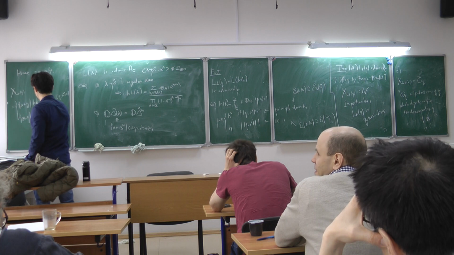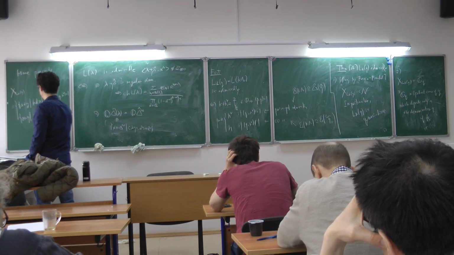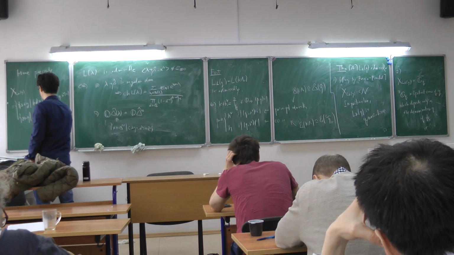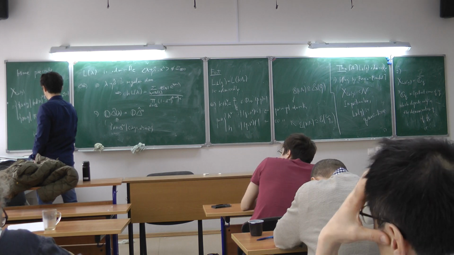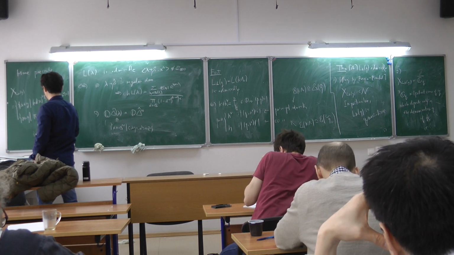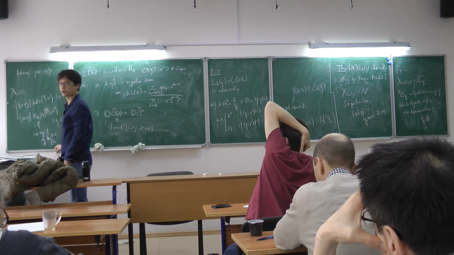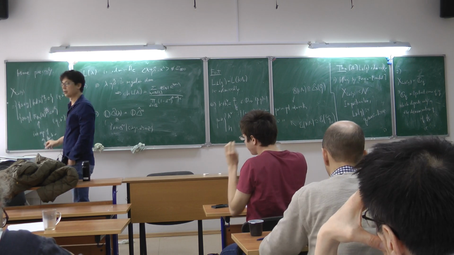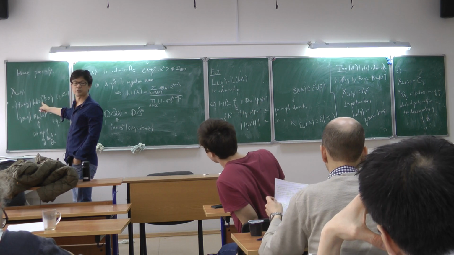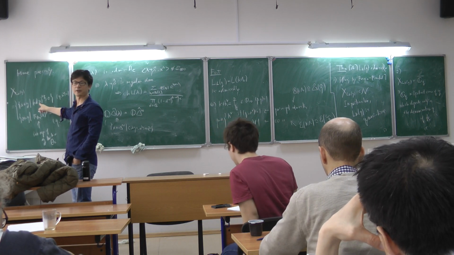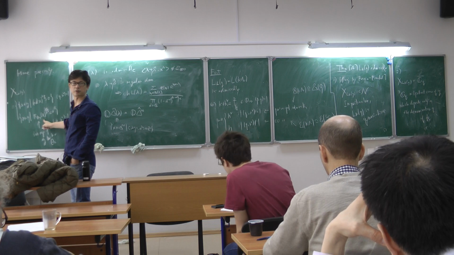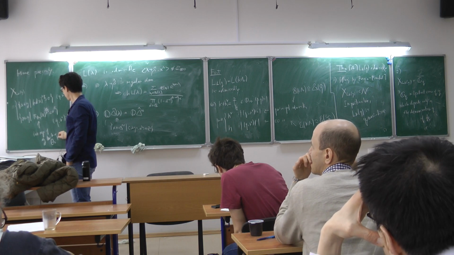where this is an irreducible representation of G with highest weight theta, which is the highest short root. So this one has highest weight the highest root theta, and this one has highest weight theta, the highest short root.